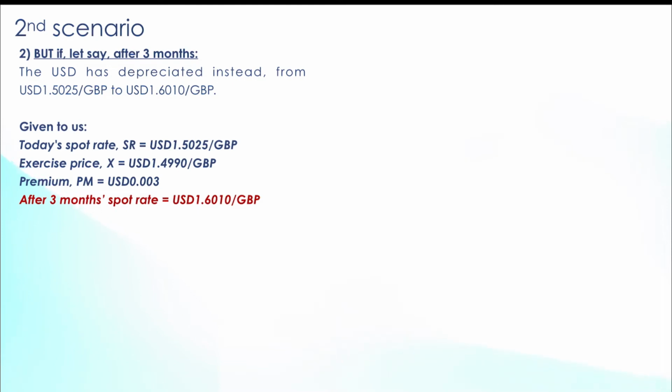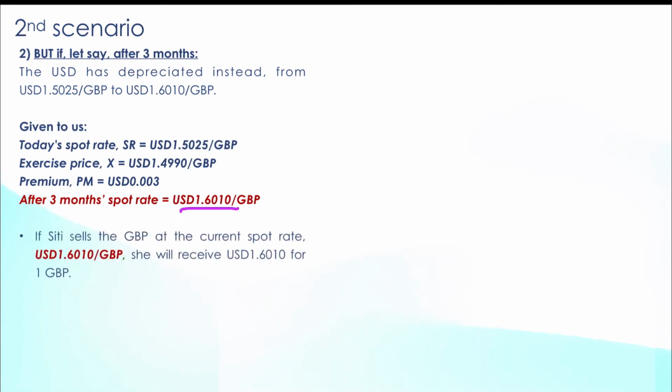After 3 months, the spot rate has depreciated to 1.6010. So if Citi sells the GBP at the current spot price, she will receive USD 1.6010 for only 1 GBP.